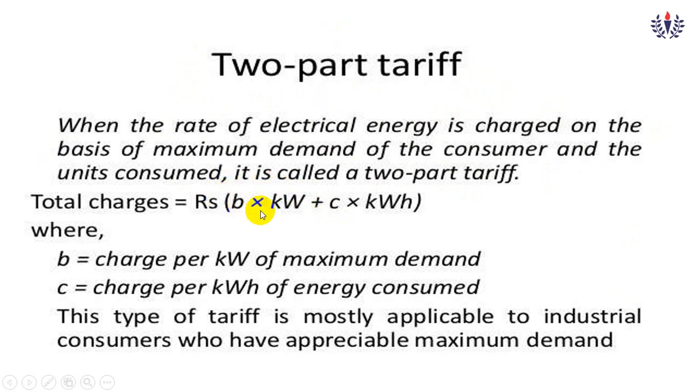So here B into kilowatt, B is nothing but the maximum demand in kilowatt, plus charge per kilowatt hour. So here two rates are there. One amount is for the maximum demand and the other amount is for the total unit consumption. So based on this, the energy will be calculated. This concept we can understand in the problems. We are going to do the problems based on this.